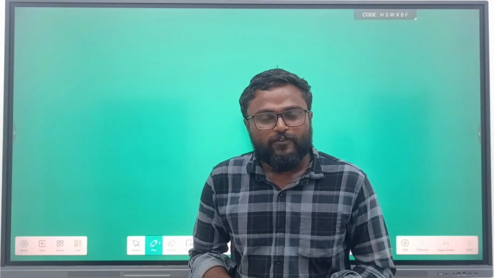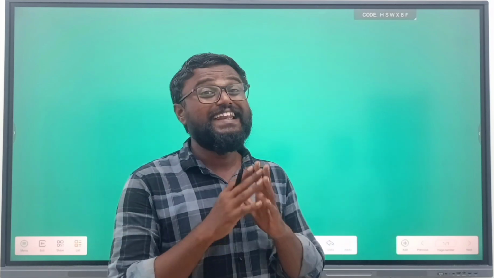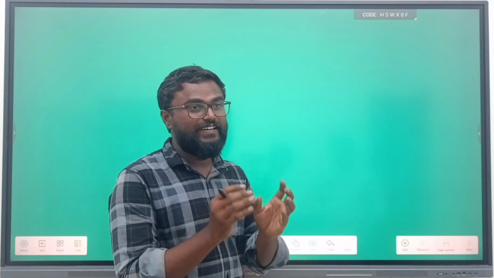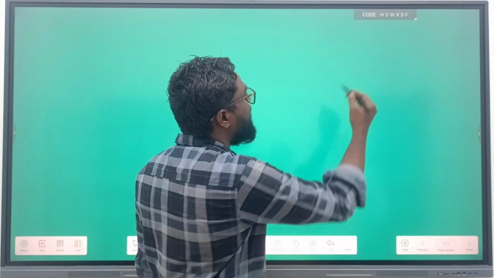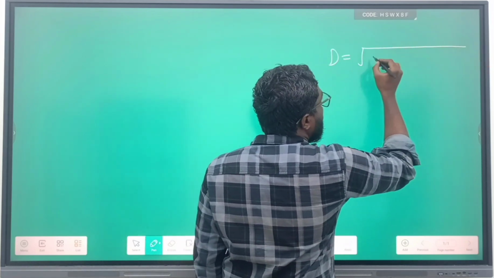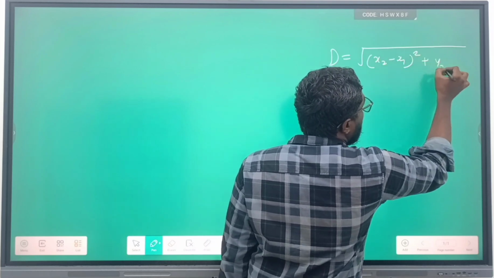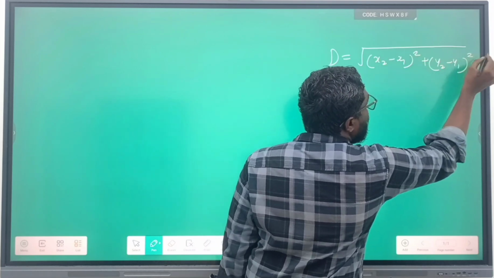I'm going to solve a question so that you understand the distance formula in exact clear detail. I'll write down the formula on the right hand side. You guys can also write it down: square root of x2 minus x1 whole square plus y2 minus y1 whole square.